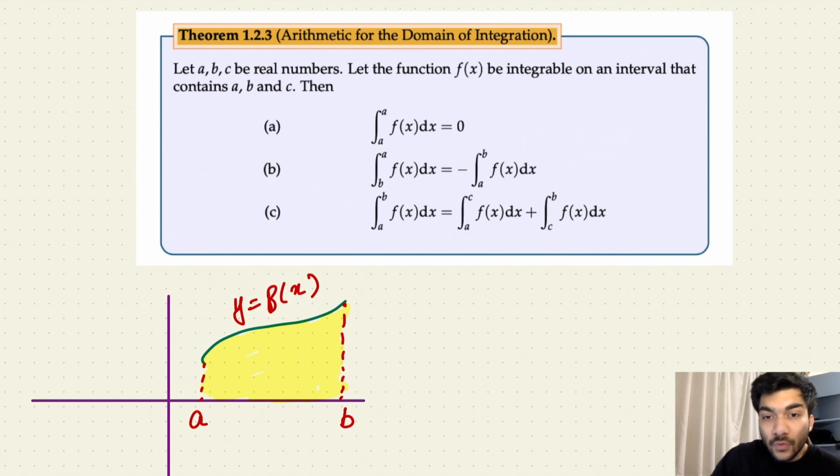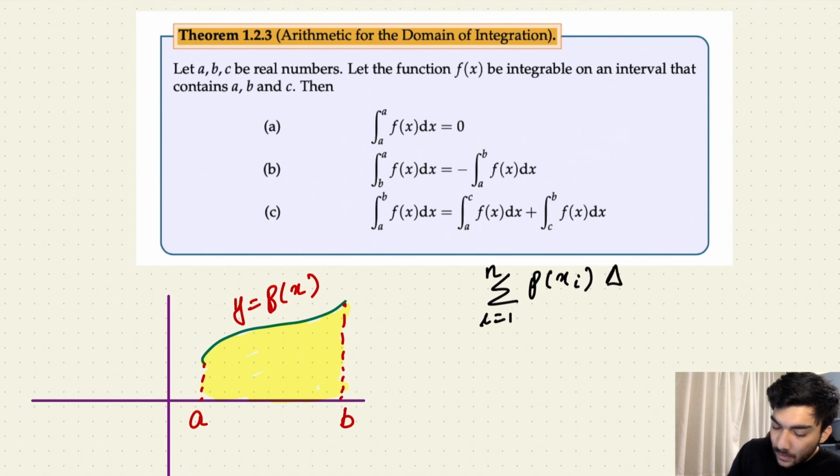If you want to prove these properties from scratch, you will again use the Riemann sums. These questions will be totally based on just one notation that we use in order to convert a definite integral into a Riemann sum, which is the sigma notation for i goes from 1 to n, f(xi) delta x.